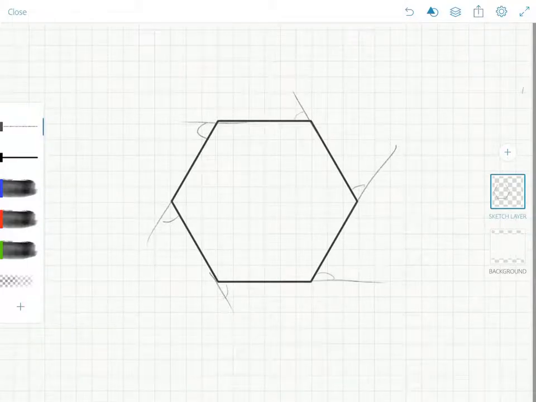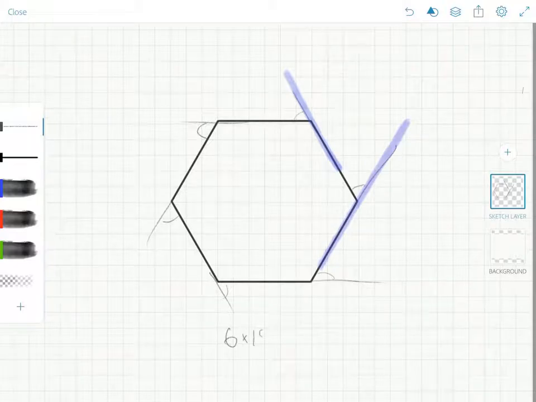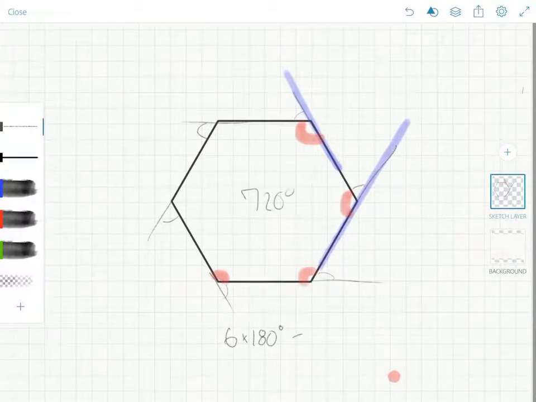And then how many straight lines do we have that are each worth 180 degrees? 6. So we do 6 times 180, and then we subtract off the interior angles because we don't want to count those. But what do we know about the measure of the interior angles of a hexagon? It is 720 degrees.